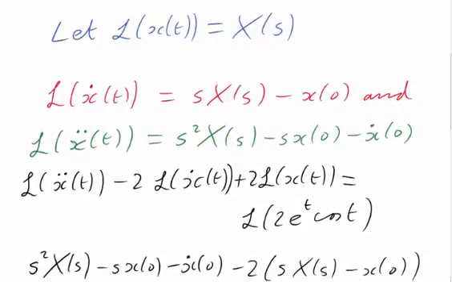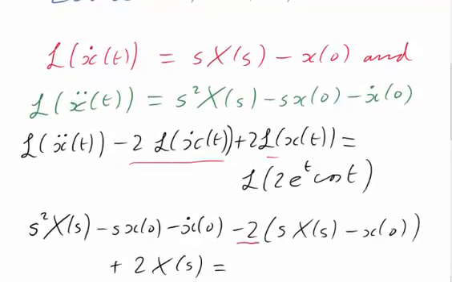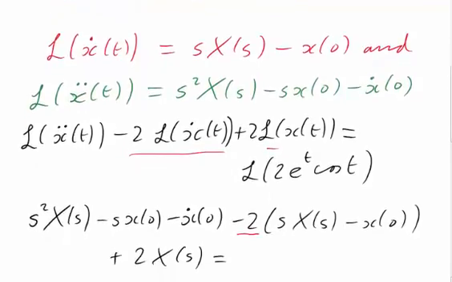On the other hand, there are two of the first derivative transforms, in fact -2, so that means we'll need to put a -2 in front of the expression there, the red expression. We'll have to be careful with that -2 when we expand the brackets. Finally, there's just two of the Laplace transform of x, and we still have to deal with the right-hand side.